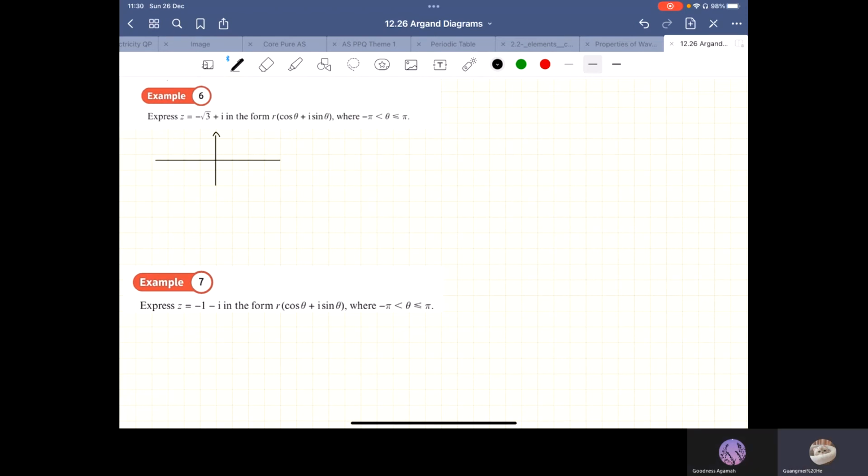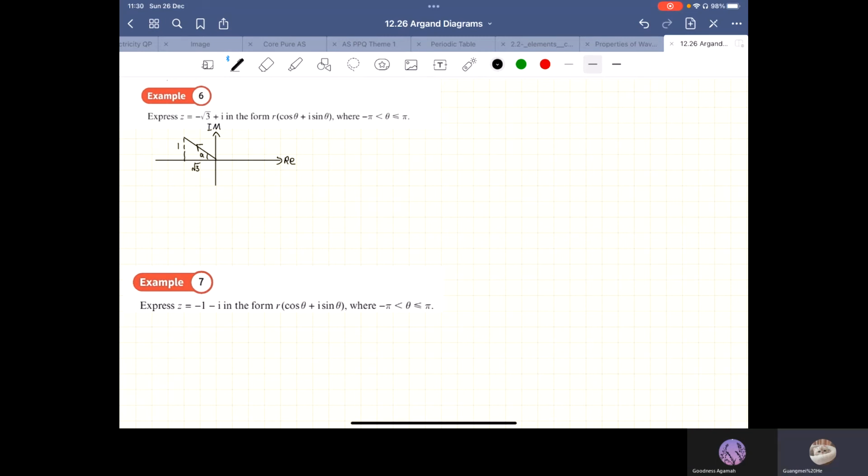Can you tell me which quadrant this z will lie in? The second one? Well done. That's it. This will be 1. This will be √3.